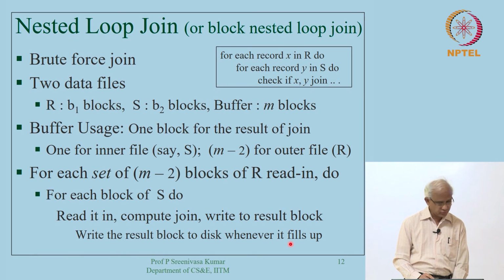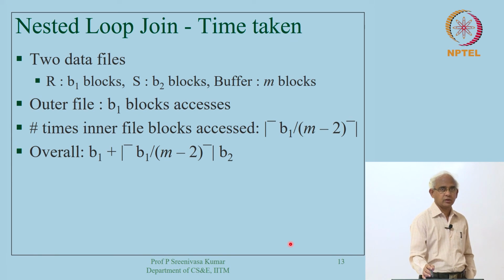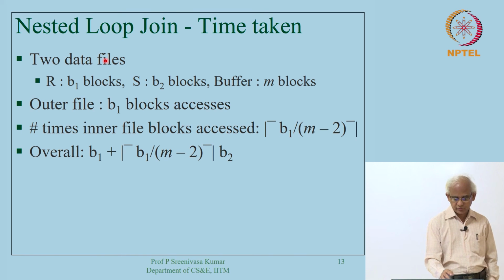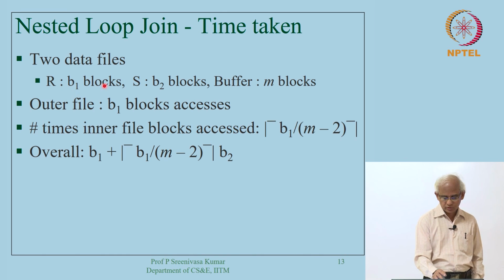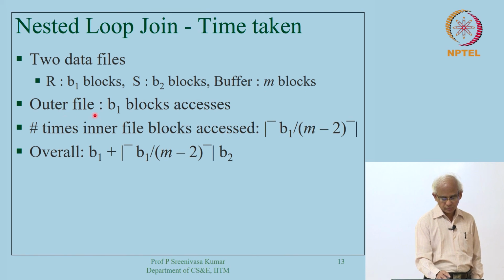Now let me close with a small calculation here. Let us look at the time taken for doing a nested loop join. Let us say you have two data files, R with B1 blocks and S with B2 blocks, and M memory buffer blocks. R was the outer file.